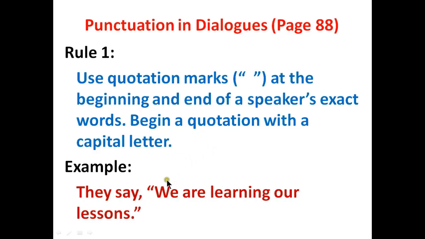Because it is written in the same words as spoken by some people or some students. And these are called quotation marks. When you write a quotation, the first word will start obviously with a capital letter, and the whole quotation will be written within quotation marks. This is the first rule.